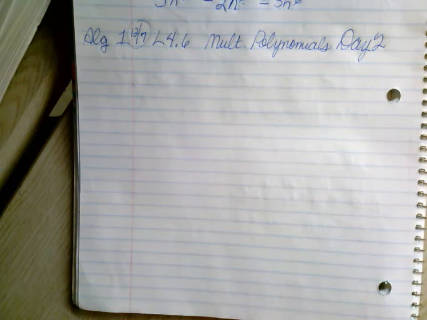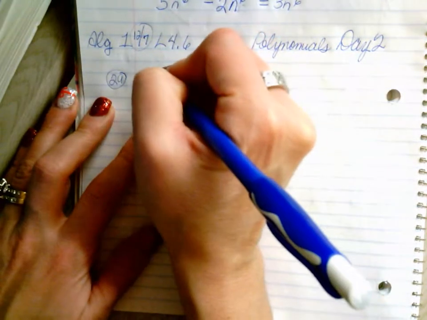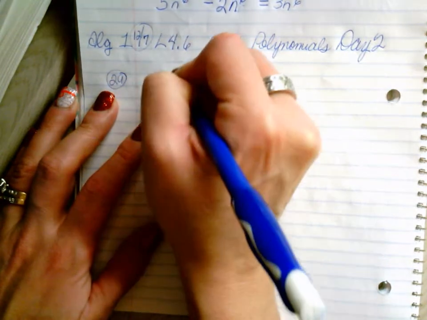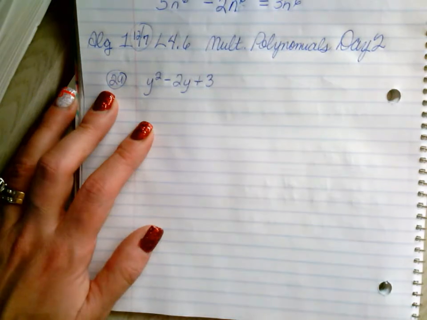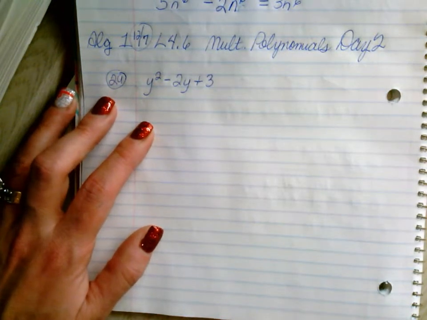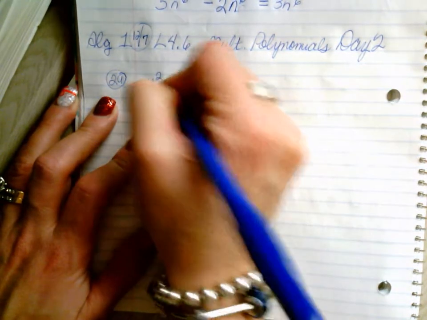So I'm going to start by writing the one with the most terms on the top, which is that second polynomial, y squared minus 2y plus 3. And everybody's taking notes. Y squared minus 2y plus 3, and that is being multiplied by 2 plus y.